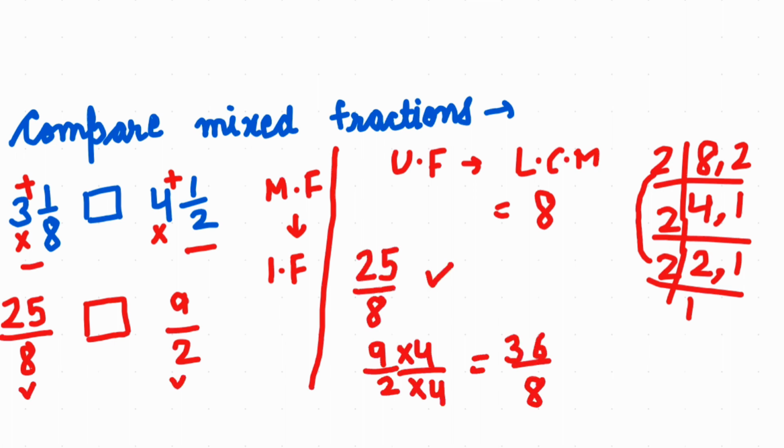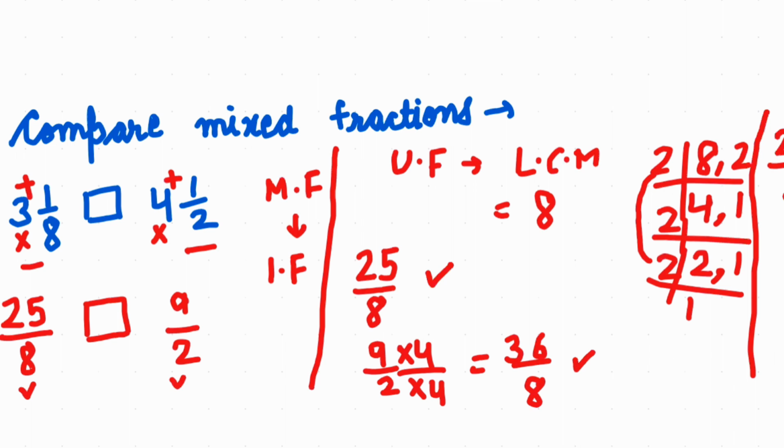Now check, are these like fractions? Yes, these are like fractions because the denominators are the same. So we can easily compare these two fractions as we have to check only the numerator. From 25 and 36, which number is greater? 36 is greater. So 36 by 8 is greater than 25 by 8.